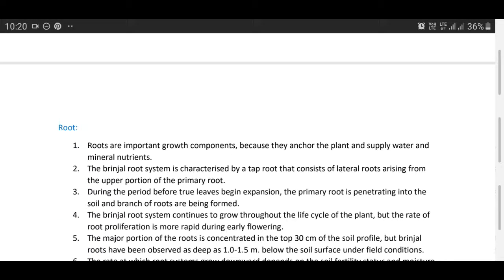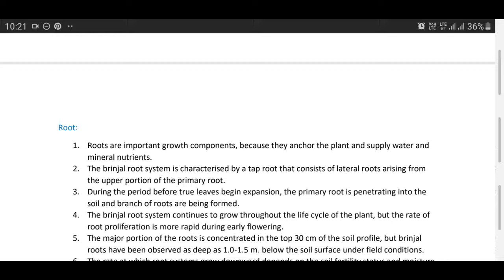Roots are important growth components because they anchor the plant and supply water and mineral nutrients. The function of root in the plant is well known to all of you because root is an important organ of the plant which absorbs moisture as well as nutrients from the soil and finally supplies them to the whole plant for different reactions in the plant.